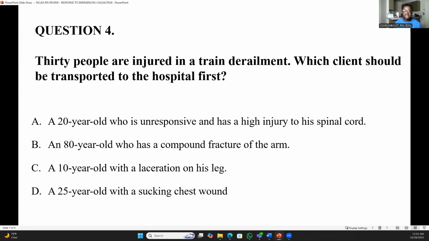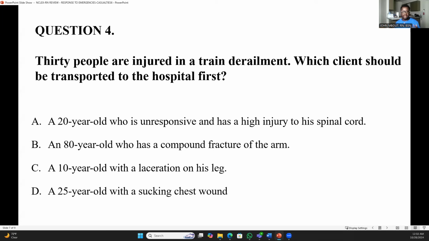The 80-year-old is classified as delayed. So emergency response personnel can immobilize the fracture and cover the wound. The 10-year-old, what happened? That's minimal injuries, can wait and be treated later.